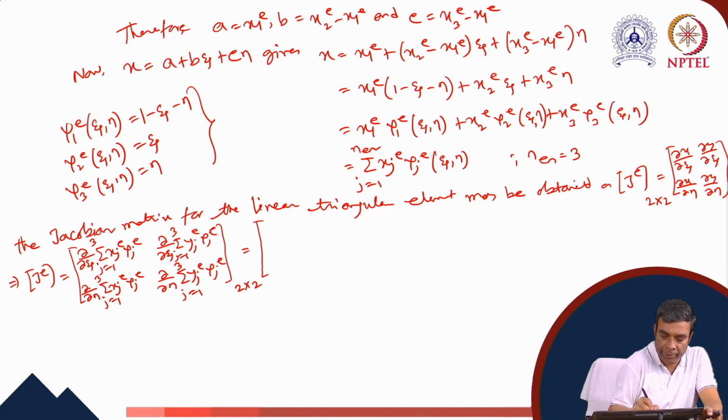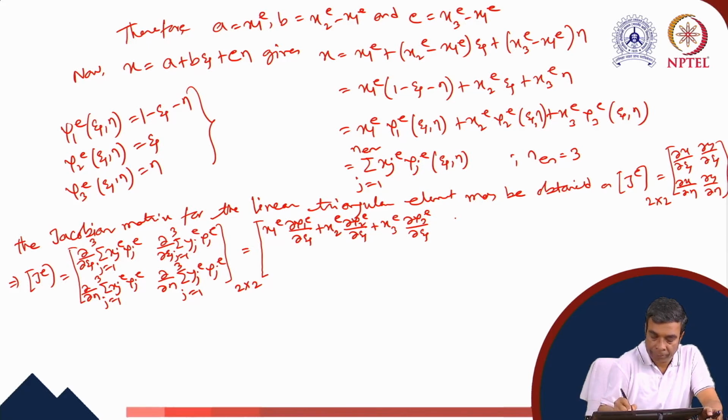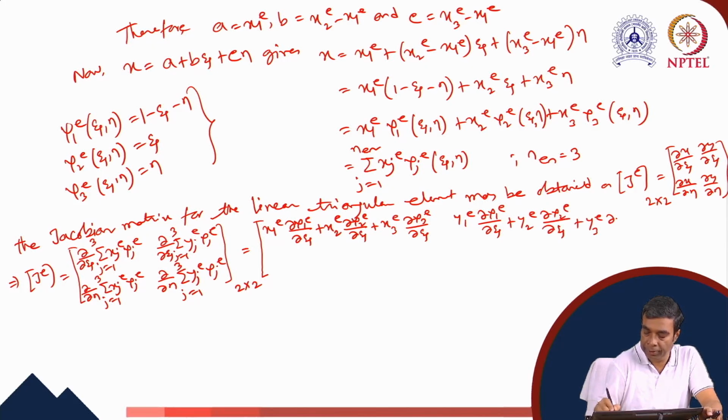Now expanding, we can write x1e del psi 1e del xi plus x2e del psi 2e del xi plus x3e del psi 3e del xi. Here we have y1e del psi 1e del xi plus y2e del psi 2e del xi plus y3e del psi 3e del xi.